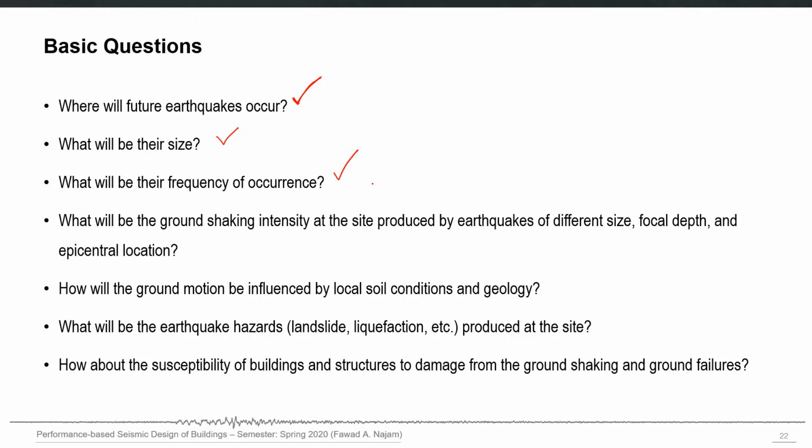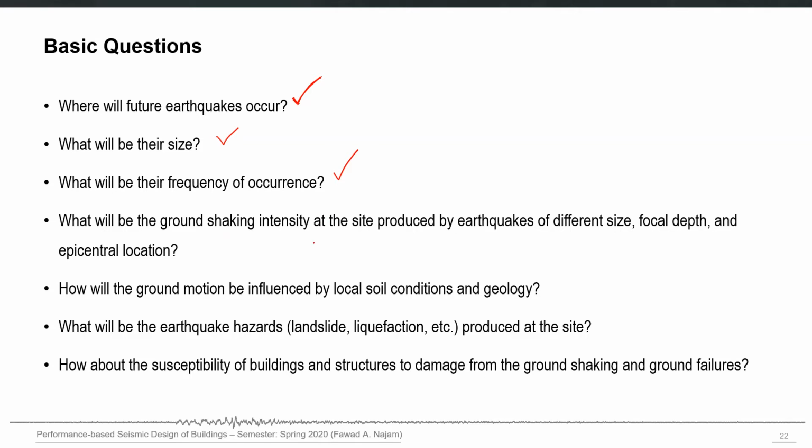But for some particular faults, if they have the tendency to store the energy and release it after every few hundred years, then the frequency of occurrence will be high. So we can study the historical data of different seismic sources, and we can use that data to forecast the potential frequency of occurrence in future also.